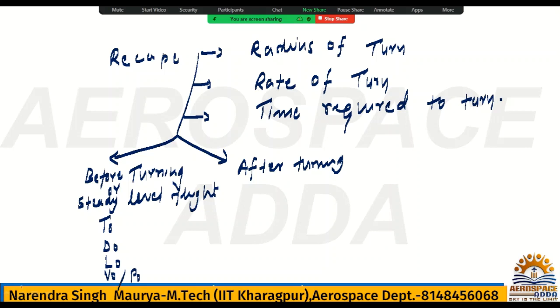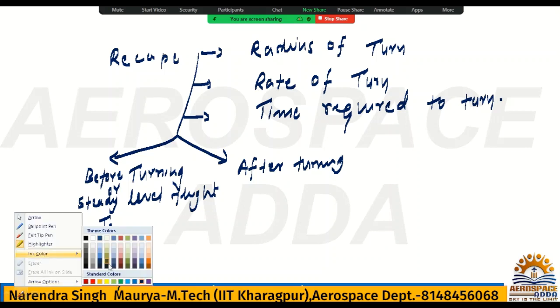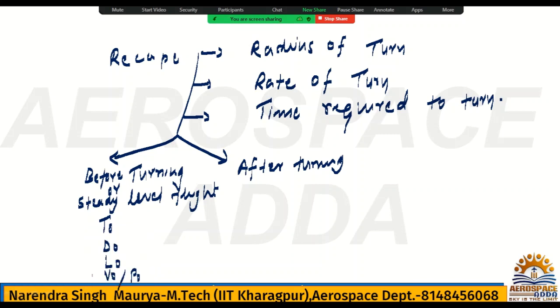But after turning, thrust becomes T, drag becomes D after turning, or you can say during turning. Before turning and during turning, you have two conditions.